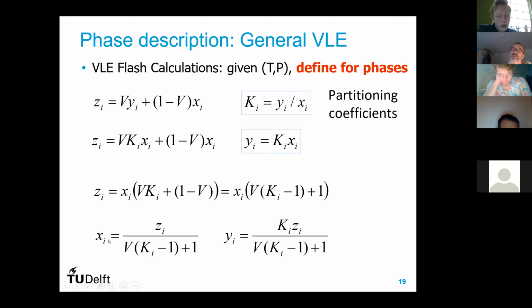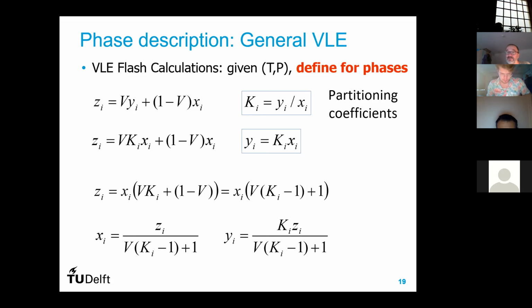Be careful with V as a volume and V as a fraction of vapor. I will try to do volume a little bit differently later. So V in this case is the fraction of the vapor phase. It was a little bit messy to rewrite everything in terms of L, but maybe next time I should do this. Okay, so this is the kind of rearrangement I did.